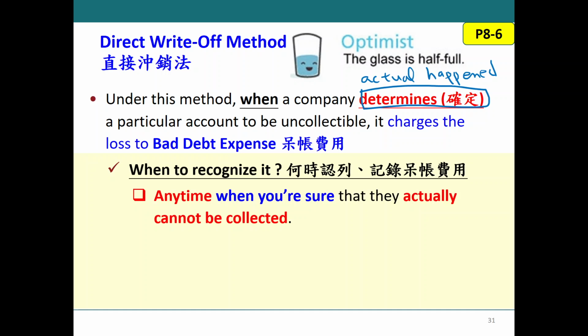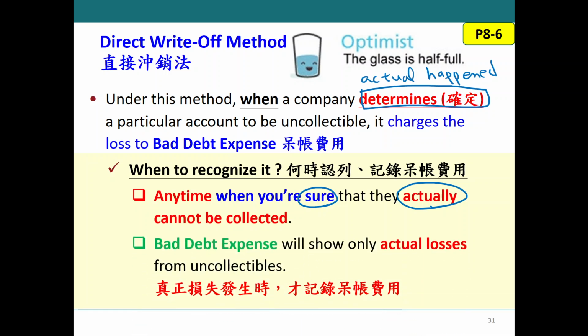So with optimistic, 乐观的, the direct write-off method, you record the risk when it actually happens and you are sure someone really didn't pay you money back. Only at that moment do we record it.